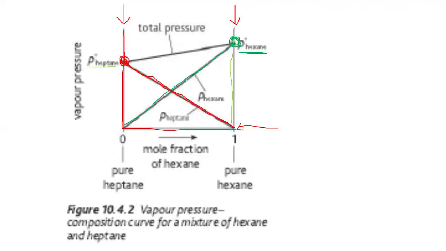If you look at what is happening for hexane, it starts off here and it's increasing. And if you look at what's happening for heptane, it starts off here and it's decreasing. So one is increasing and the other is decreasing. They have an inverse proportional relationship.